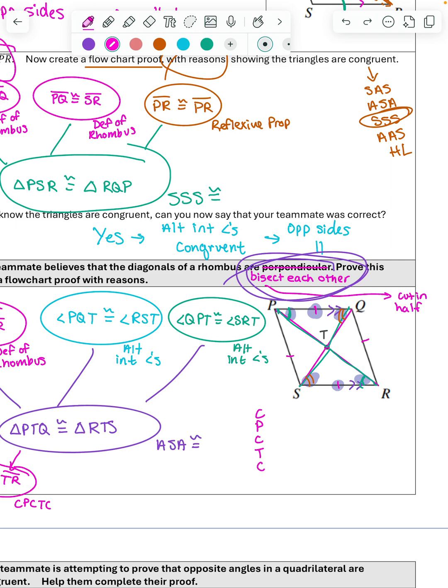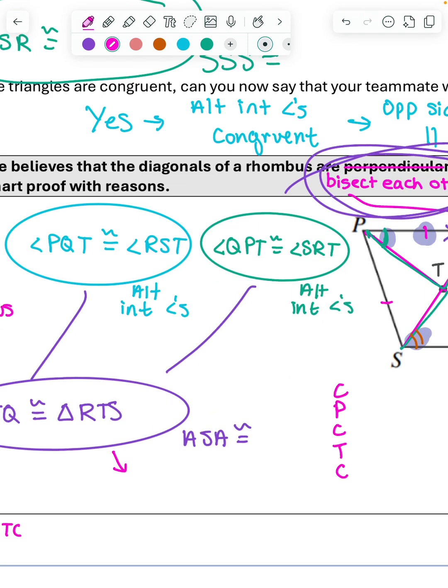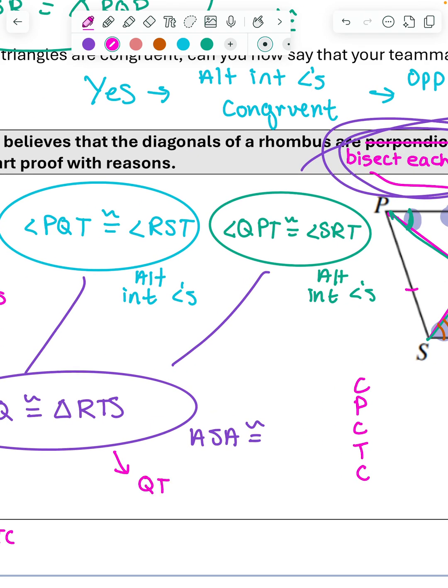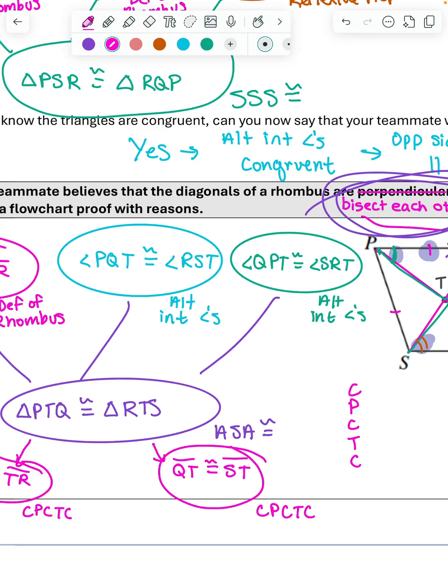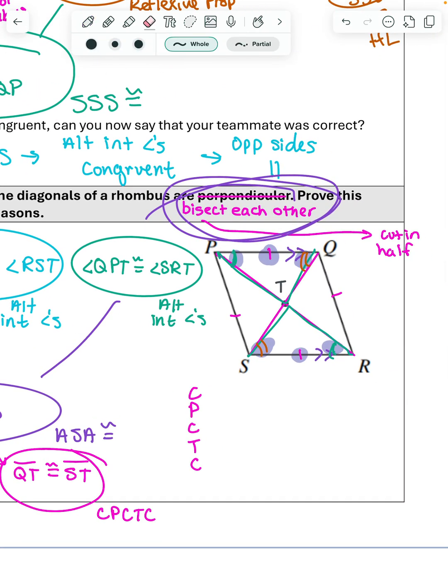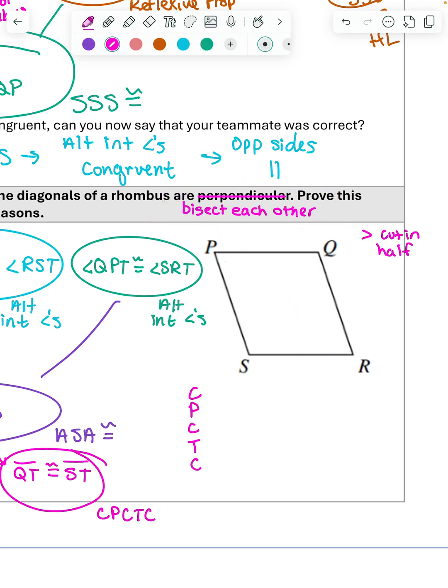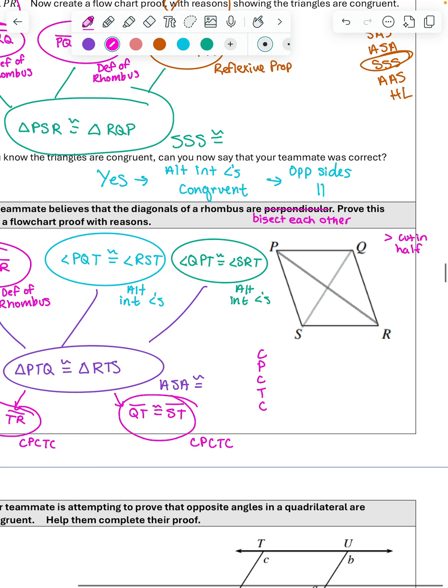And if I did that same thing for the other diagonal, saying that the two parts that make up the diagonal are congruent, QT and ST, and again due to CPCTC. Well, what I basically said, and I'm going to erase this all to show you what I mean here. What that basically did is my two diagonals here, because I said my triangles are congruent, the corresponding parts, so this line and this line are congruent, and this line and this line are congruent.